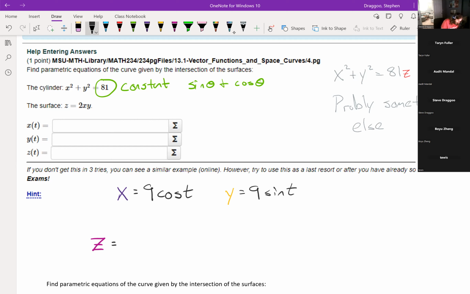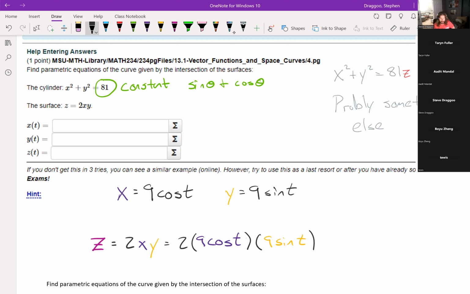So z we know is 2xy. So 2 times 9 cosine t times 9 sine t. And Bob's your uncle.